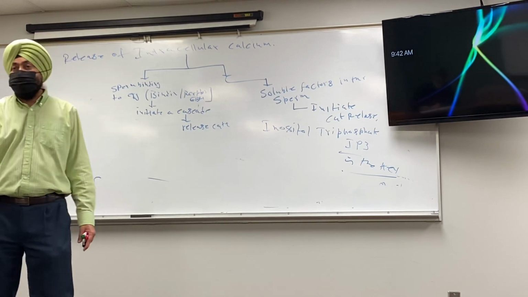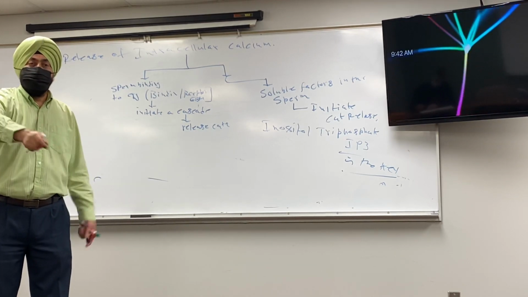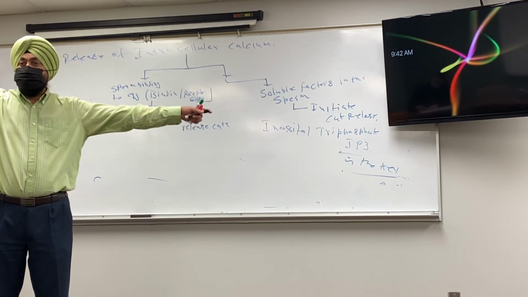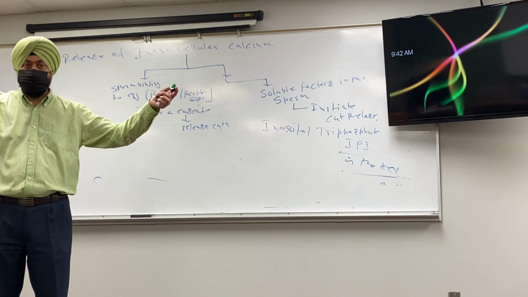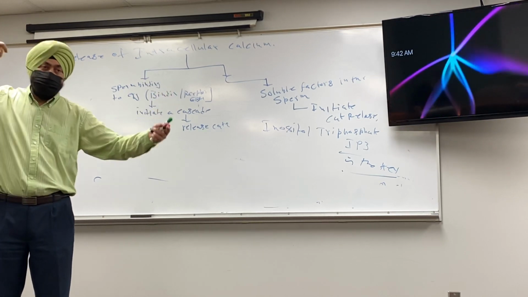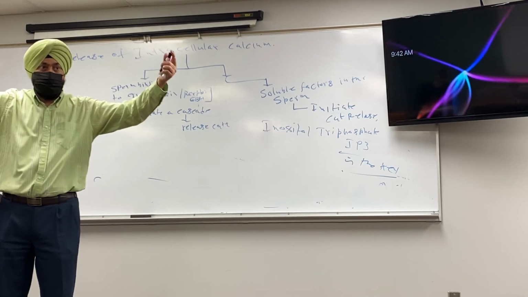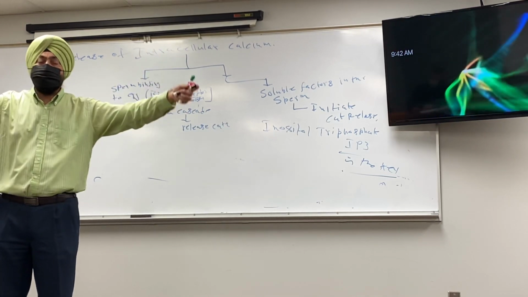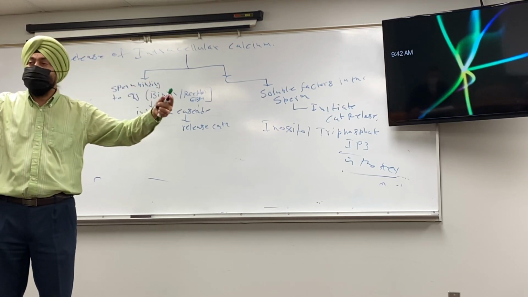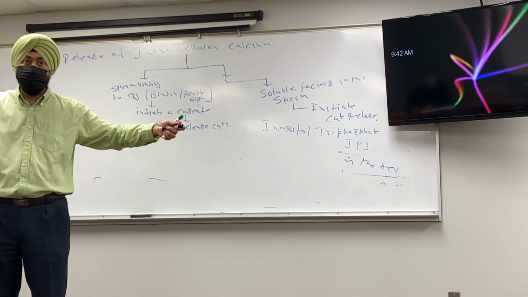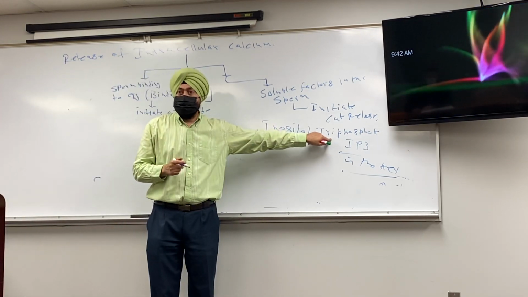You inject IP3 into that egg, cortical granule reaction will take place, egg will start development, even though there is no fertilization. Now if a fertilized egg is there, there are chemical inhibitors of IP3. You put that chemical inhibitor in the egg, even if fertilization has taken place, development is not going to take place. So that means IP3 is the key molecule.